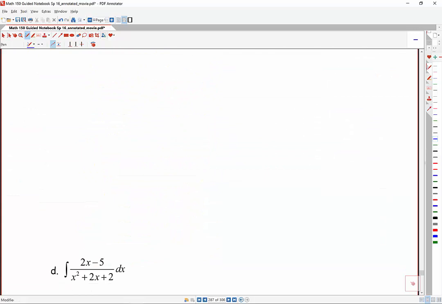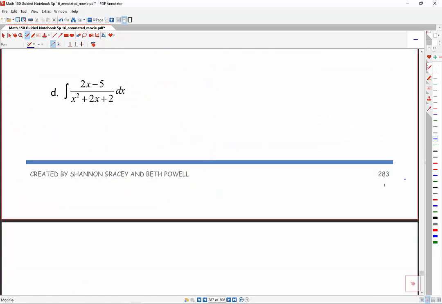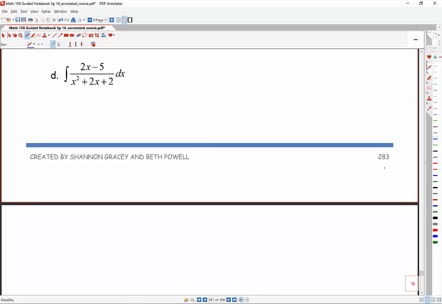Okay, so for this guy, we've got a little bit going on here, right? When I see a rational expression, I think about, oh, could I divide? Well, no, because the degree of the denominator is greater than the degree of the numerator, right? So now what should we think about? Well, a lot of you might have looked at, hey, what if we did a u sub?